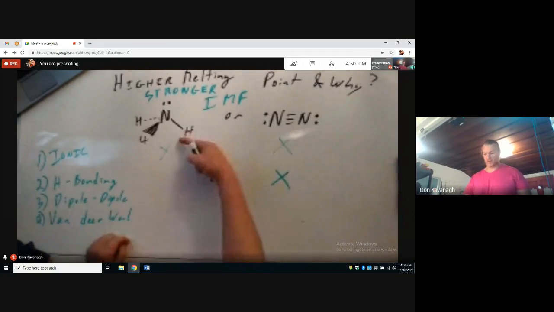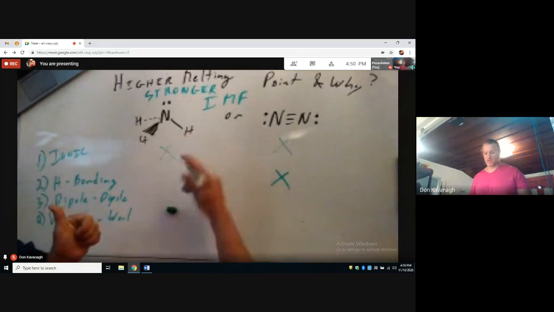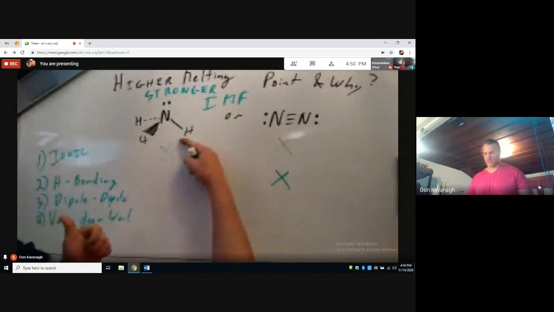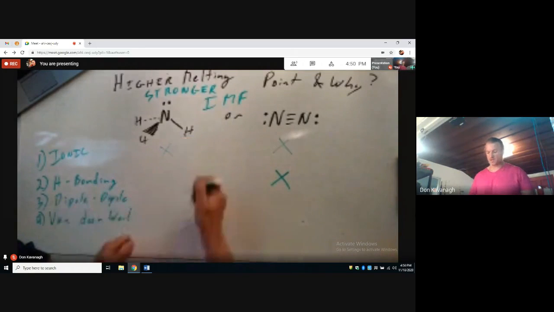This molecule here, ammonia, has a hydrogen present, check. Its hydrogen is bound to a nitrogen, oxygen, or a fluorine, check. It has a lone pair, check. So because it has checks on all three, it can participate in hydrogen bonding.